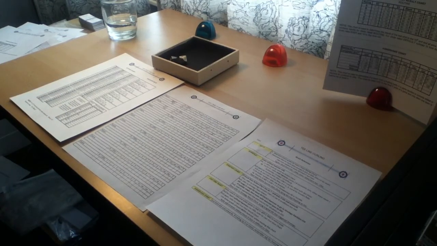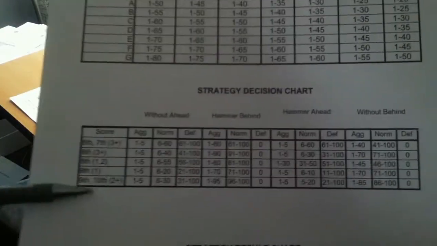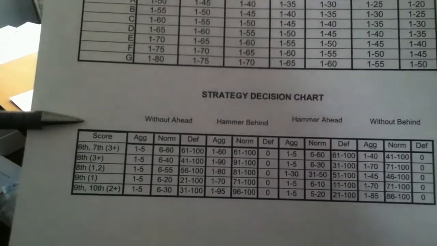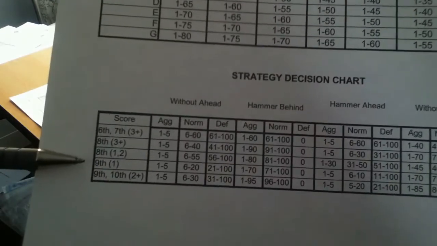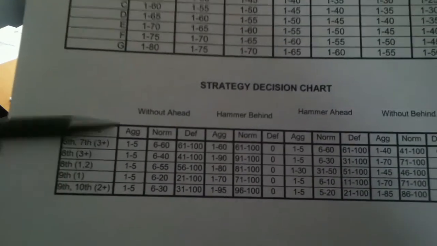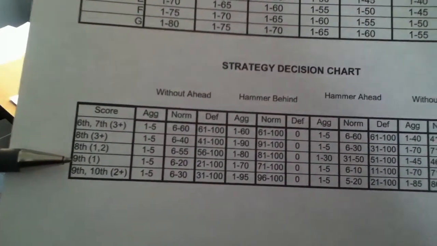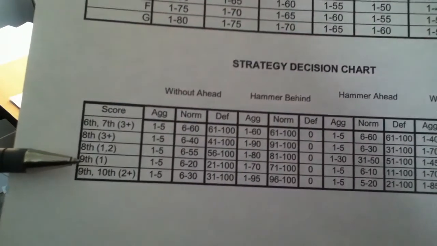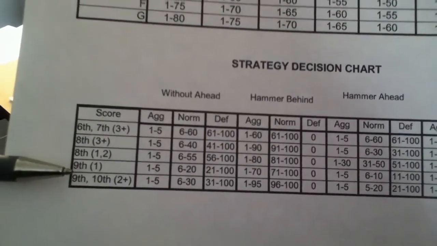So what you do is look on these strategy sheets here, and first you have to see if it meets the conditions. You wouldn't use it in the 10th end if the score was tied or if there was a difference of 1. So let's just say it was the 9th end and the difference in score is 1. That would meet the condition.